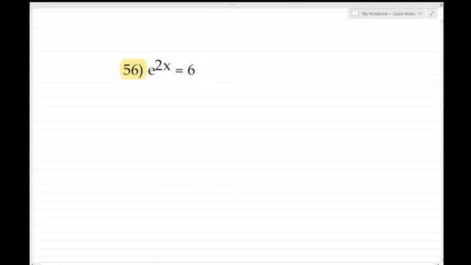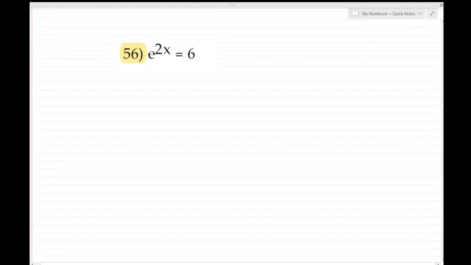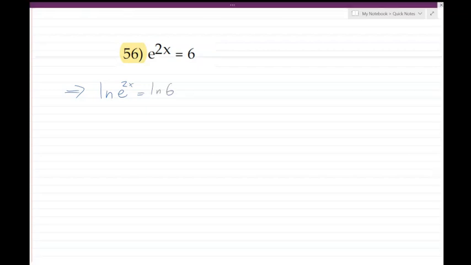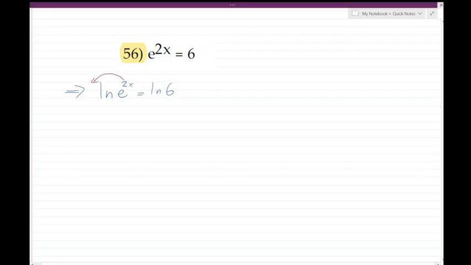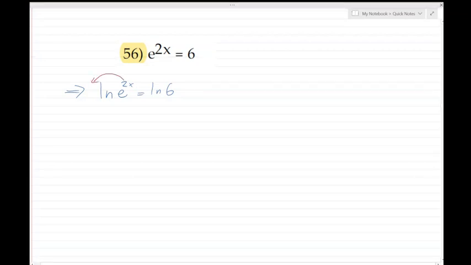Here again, e to the power 2x is equal to 6. So, two ways to do it again. Apply ln to both sides. Bring the power down. In this case, the power is 2x. So 2x times ln e equals ln of 6.